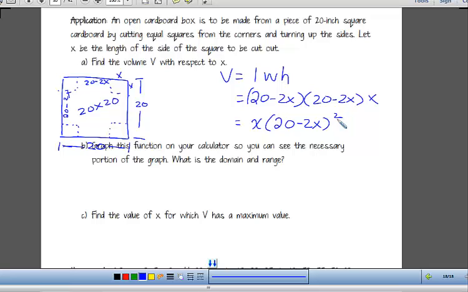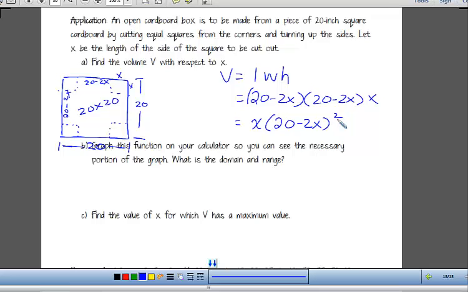Okay. Then they want us to graph this function so that we can see the necessary portion. What is the domain and what is the range? Before we even get there, what do you think the domain of this thing should be? Because that's going to be useful when we try to graph it. What's the minimum value that X could be? Zero.